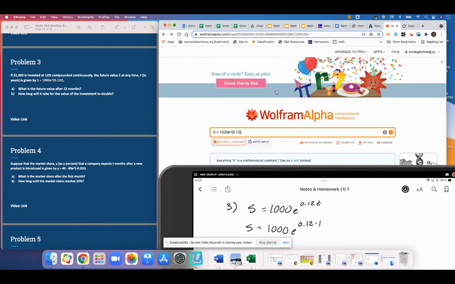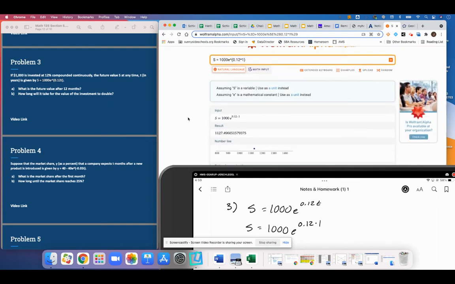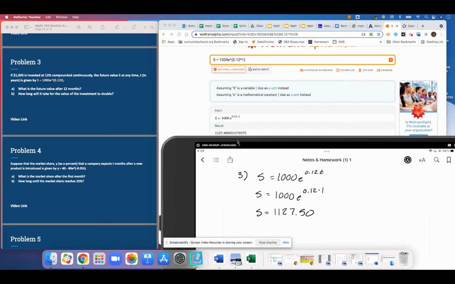So let's put a 1 in for t. Remember, we had to put the time symbol there. And we'll see how close my prediction is. What did I say? 1,100, something like that. 1,150. So we see that in that instance, after 1 year, the investment has grown by $127.50. So we get 1127.50 as our value after 1 year.